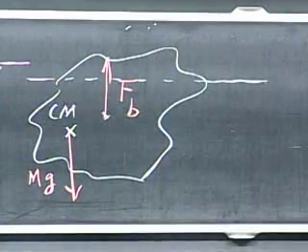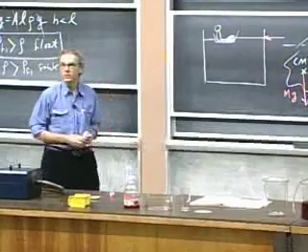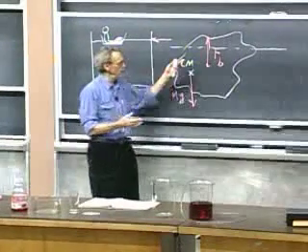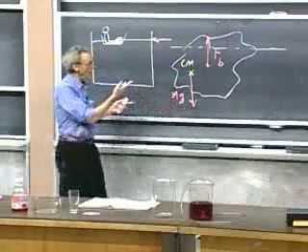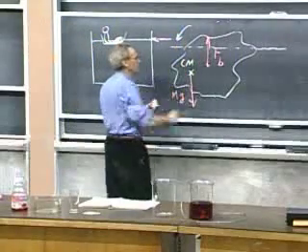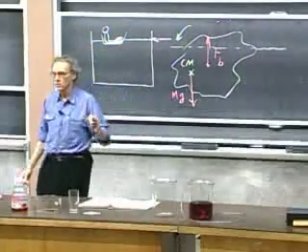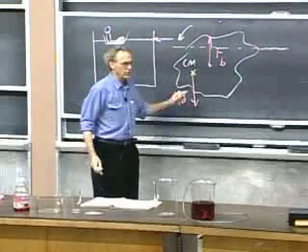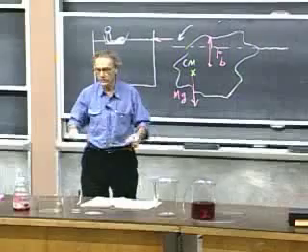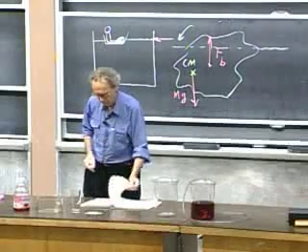And so now you have a torque on this object relative to any point that you choose. Doesn't matter where you pick a point, you have a torque. And so this object is clearly going to rotate in this direction. And the torque will only be zero when the buoyant force and the gravitational force are on one line. Then the torque becomes zero, and then it is completely happy.